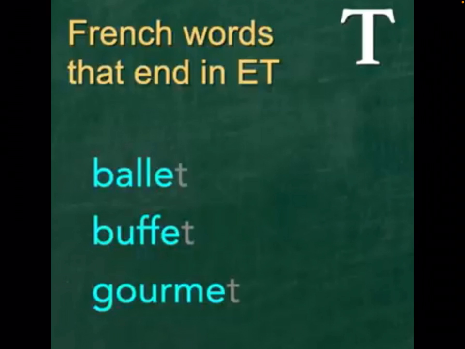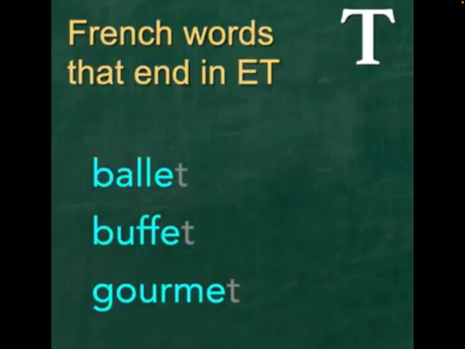Then we have words that have been taken from the French that end in et, such as ballet, buffet, gourmet. We do not say ballet, buffet, gourmet. No, no. We say ballet, buffet, gourmet.